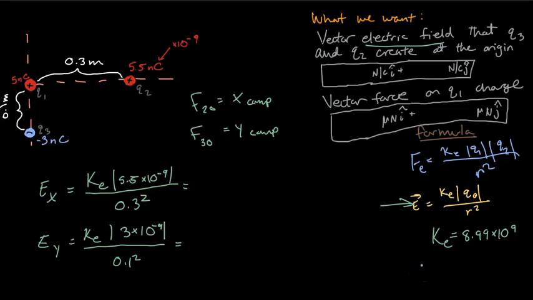Once we do our calculations, our x component, we should get 549.39. And then for our y component, we should get 2,697.